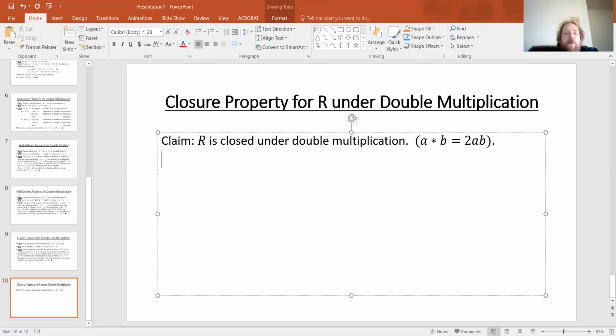Now, what we want to show here is the definition of closed applied to the set R under the operation double multiplication.